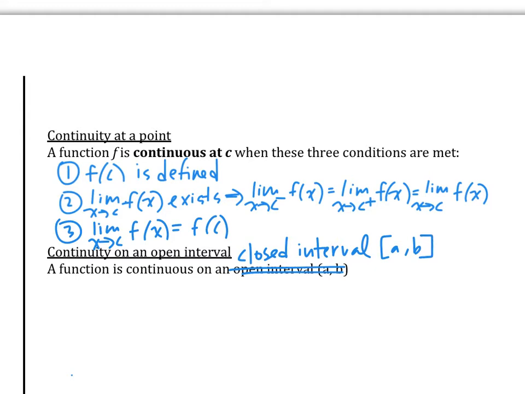Closed interval [a, b]. So what does that mean? So closed interval [a, b], meaning that the two are closed ends.